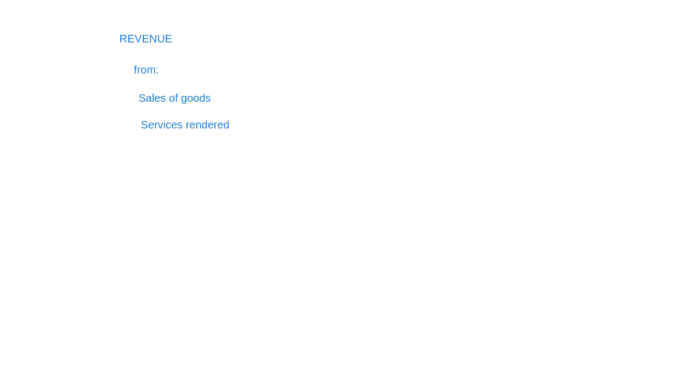Another possibility is revenue from interest income. A fourth possibility is revenue from dividend income.